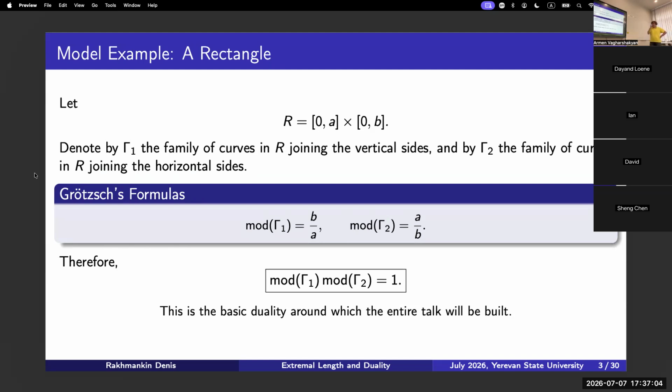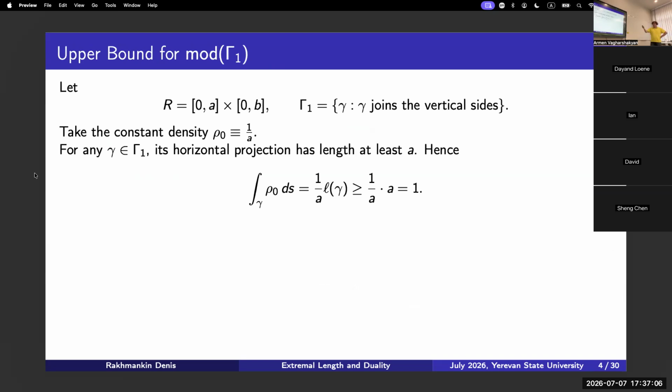So let's prove it. Firstly, we have a rectangle, and let's calculate the upper bound. We should find some good density. Let's just take a constant density, equal to 1 divided by a in R and equal to 0 outside R, because we don't really care about density outside the rectangle.